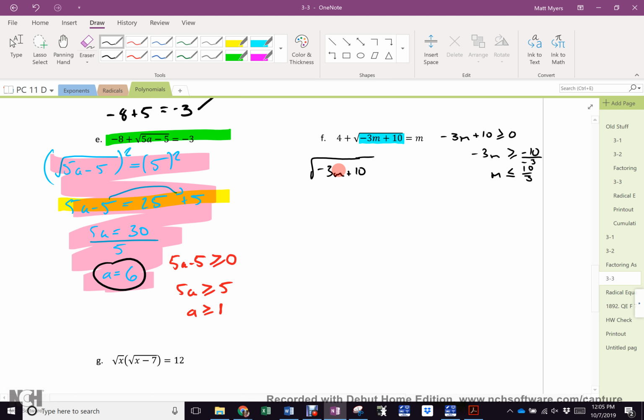What if m equaled positive 3? I'm still positive. What if m was positive 4? Then I'd have negative 12 plus 10, and that would still be negative, wouldn't it? Which is what we just proved over here. We can go up to 3 1/3, but we can't go to 4. Everybody good? Okay, so what's going to happen with this 4 now?